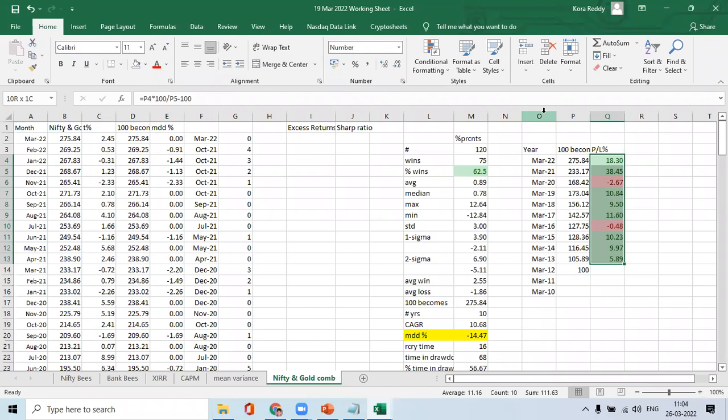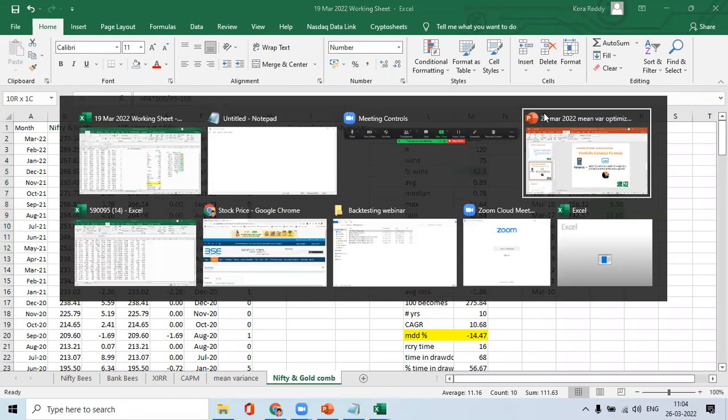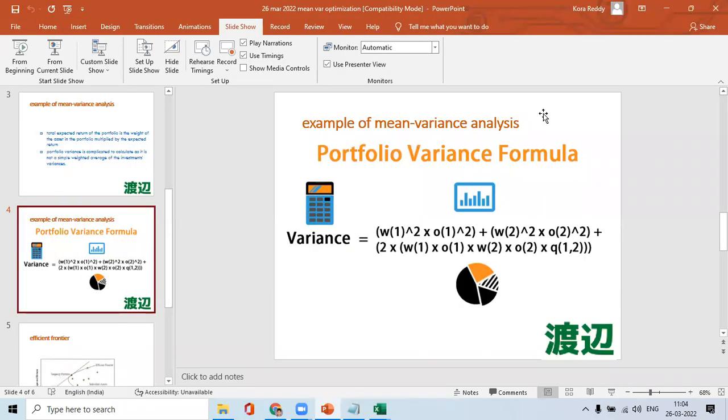This looks much better, right? You can bear only 2.5% loss. Not a big deal. And you get about 10% returns average. That is the whole mean variance optimization is all about.